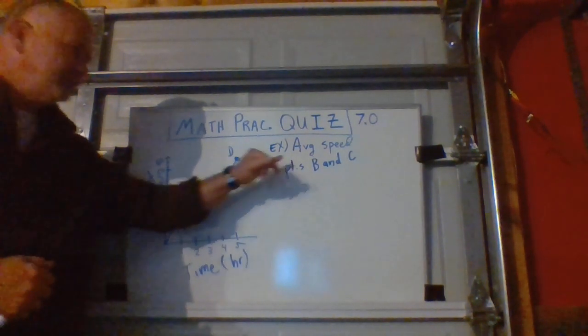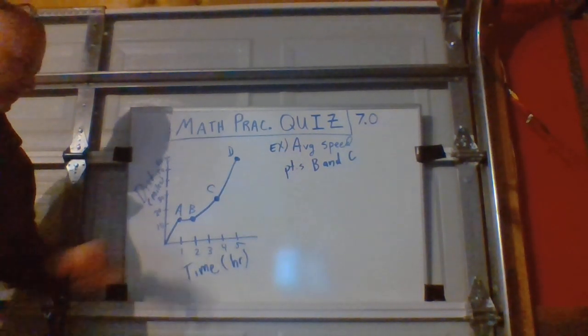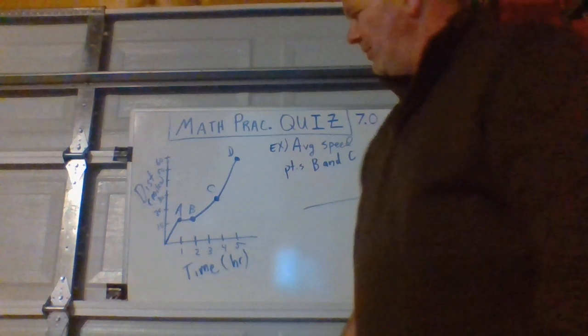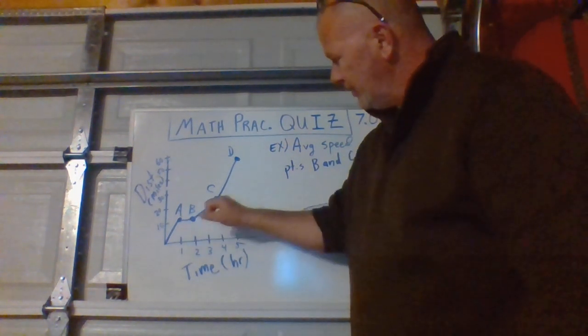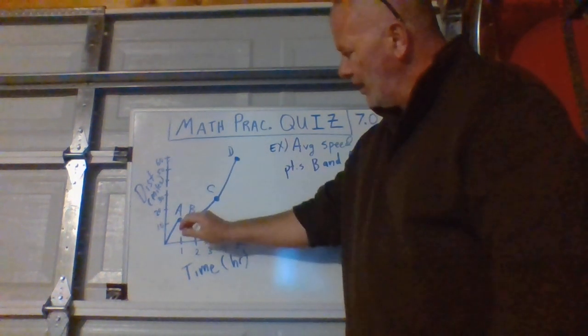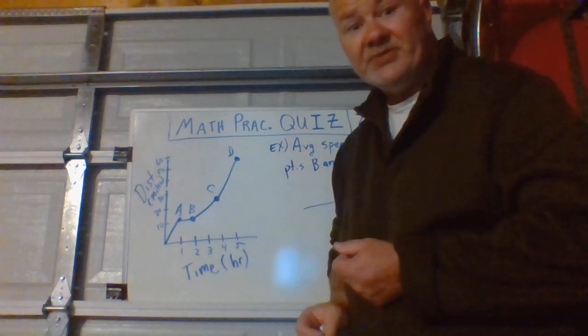Let's say we're being asked to find the average speed between points B and C. So we know it's going to be total distance over the total time. Let's look at points B and C. So the distance between B and C, we're looking at distance here on the left. At this point, we're at 10 miles, say 10 miles from the city.